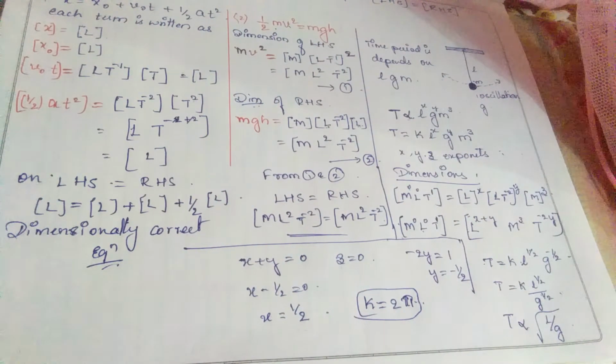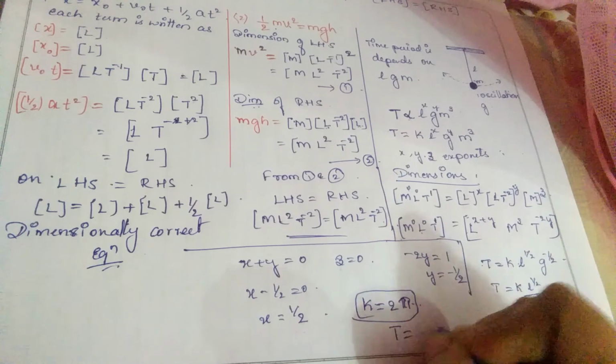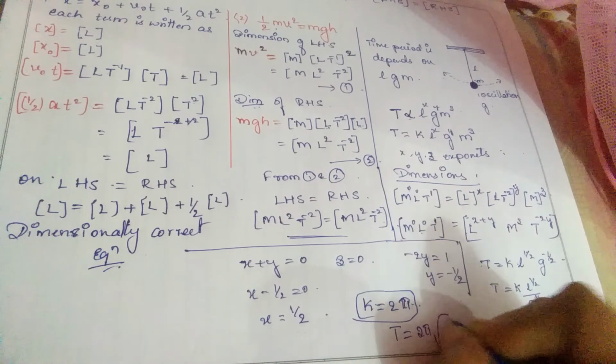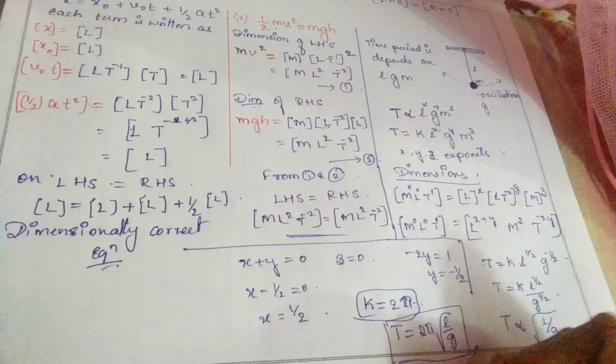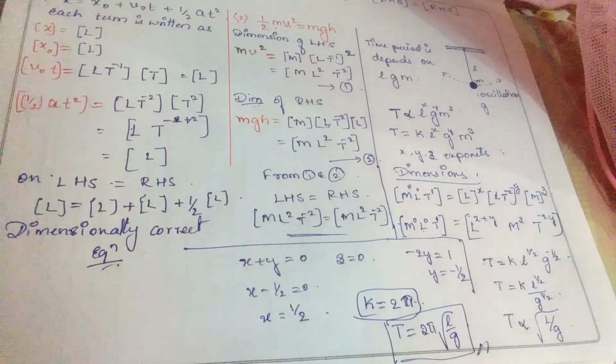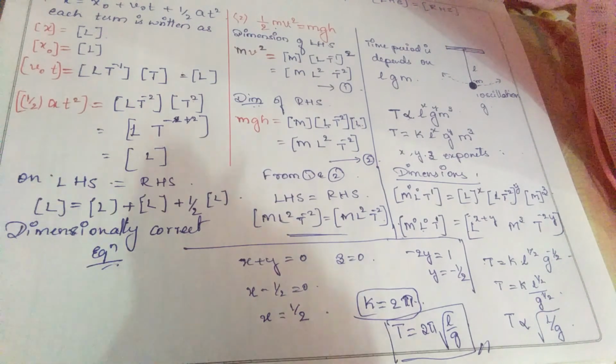So this is a constant proportionality value, that is 2 pi. This can also be written as T equals 2 pi root of L by g. Okay, this is the answer. So up to this ends the chapter on units and dimensions.